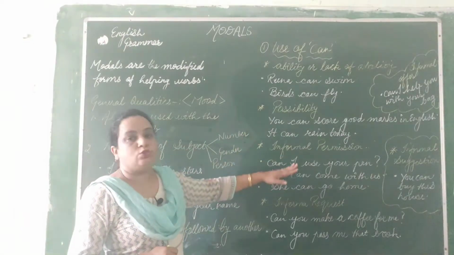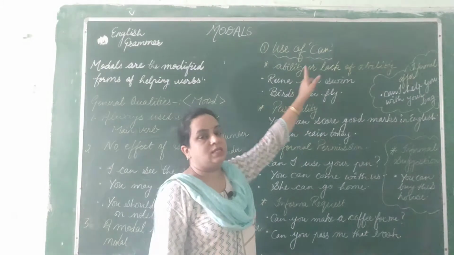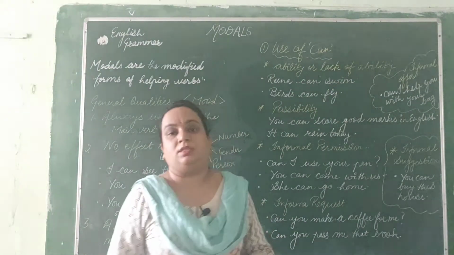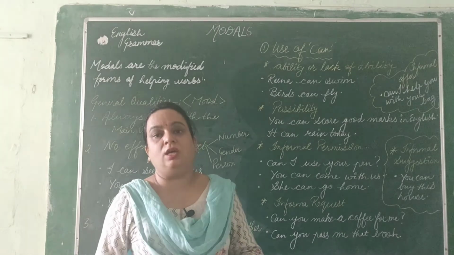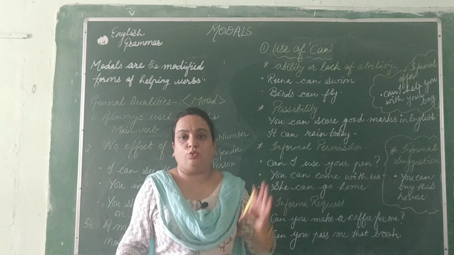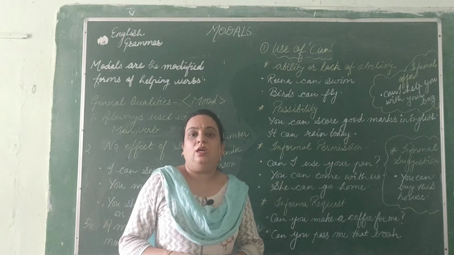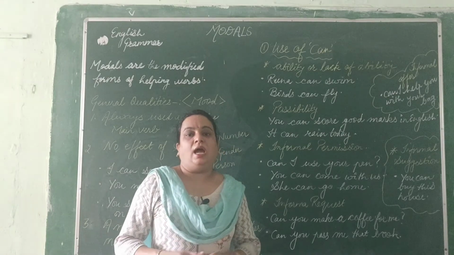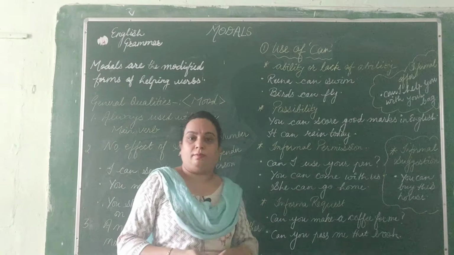But it is used with different things also. Let's see. Number one is ability or lack of ability in present, right? What I want to say here, I can solve this sum and I cannot solve this sum. The first sentence shows my ability, and in the second sentence I cannot do this sum, so that is showing lack of ability in present.